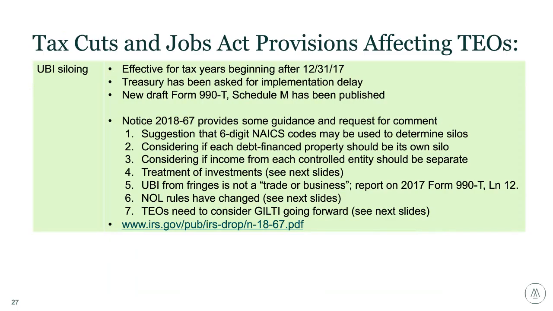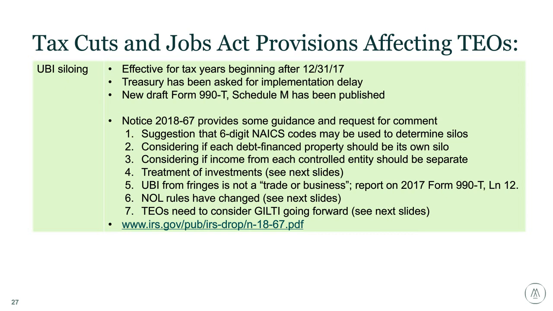So with the business side, this UBI siloing, we had so many questions on how do we even figure this out? What are they going to consider separate activities? Well, the 990-T for 2018 is now available, and they've added a Schedule M. If you have more than one activity, a Schedule M will be filed, one for each activity.